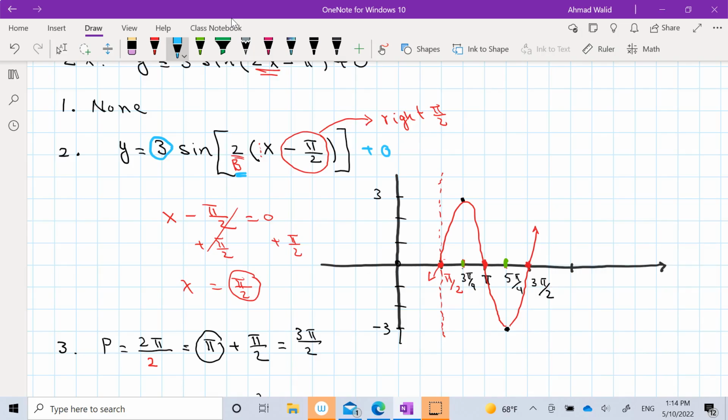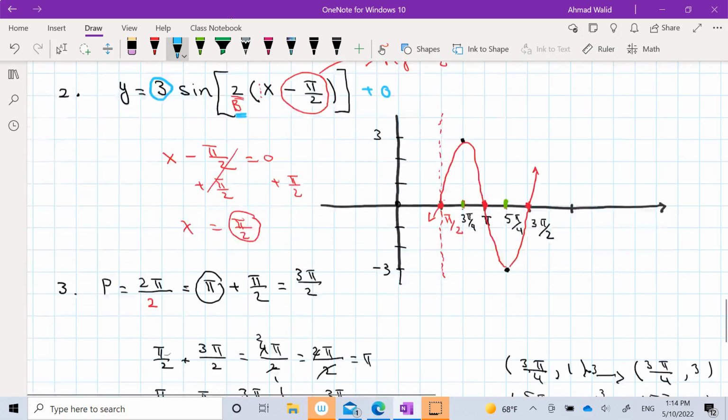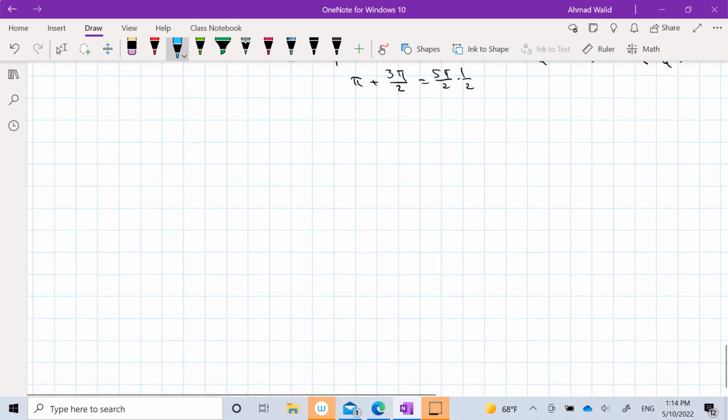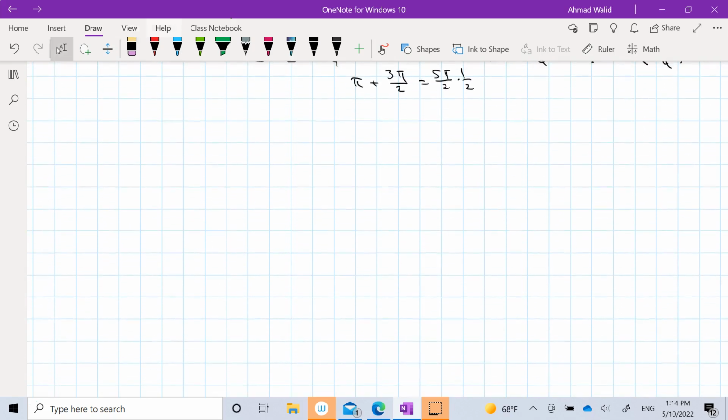And the number outside, if you have, will be a vertical shift. Correct? I will do one more example for you. And when you learn it with sine and cosine, it's the same for tangent, cotangent, secant, cosecant, all of them. You need to just apply your transformation, and you should know the meaning.